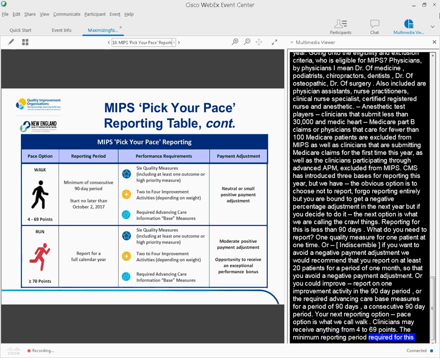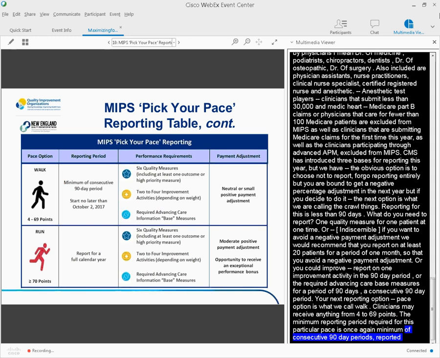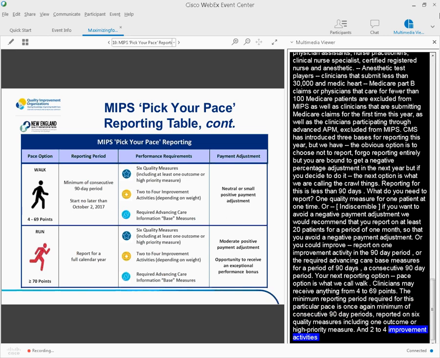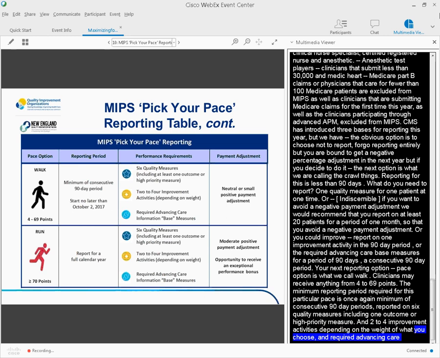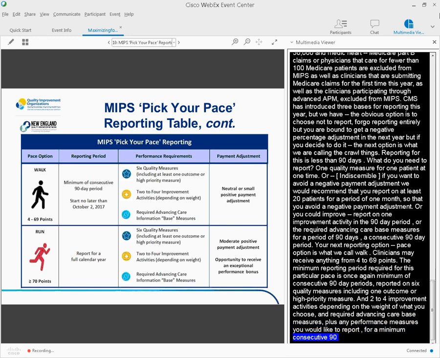What you need to report is 6 quality measures, including 1 outcome or high priority measure, and 2 to 4 improvement activities depending on the weightage of activities you choose, and required advancing care information-based measures, plus any performance measures you would like to report for a minimum consecutive 90-day period. What you will receive is a neutral or small positive payment adjustment.